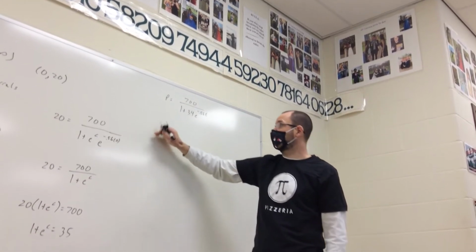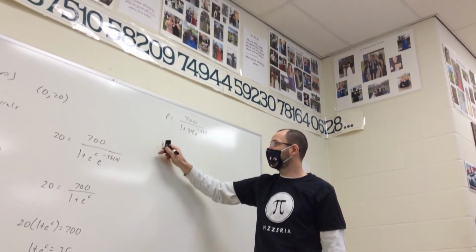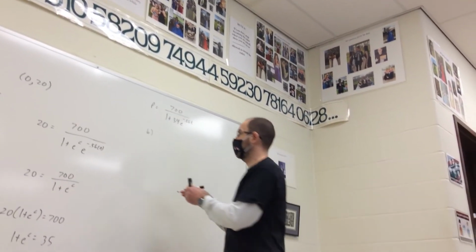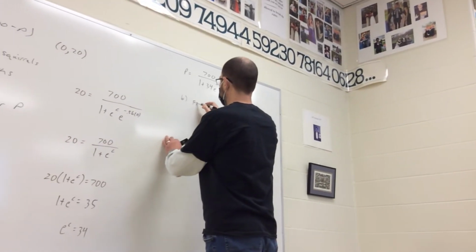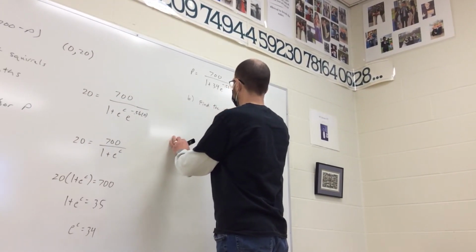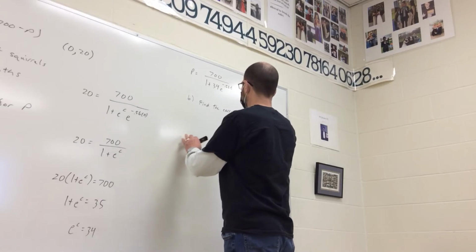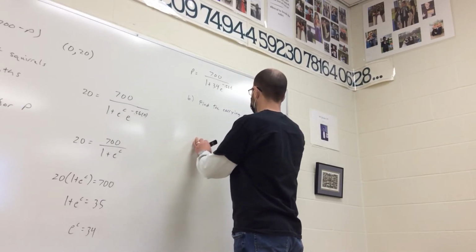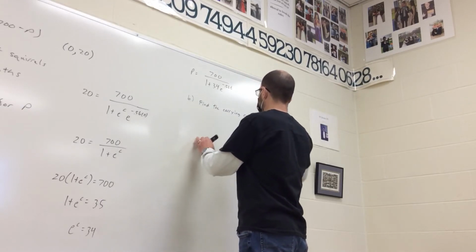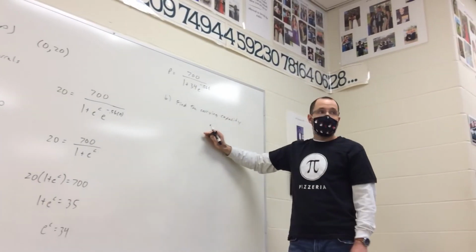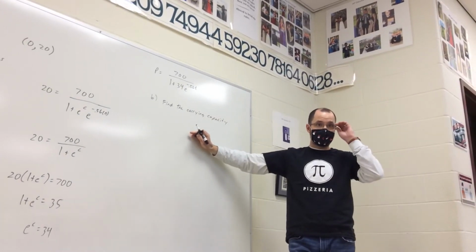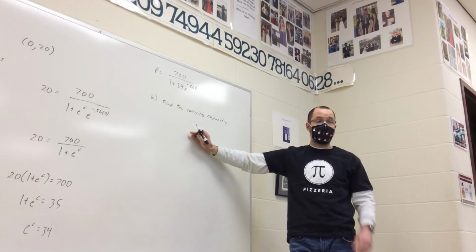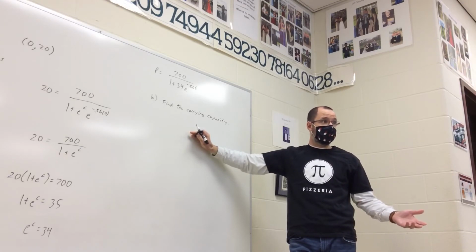Oh, this would be part B, sorry. That was part A. Part B is find the carrying capacity. So the carrying capacity is what the population is going to get to be eventually.